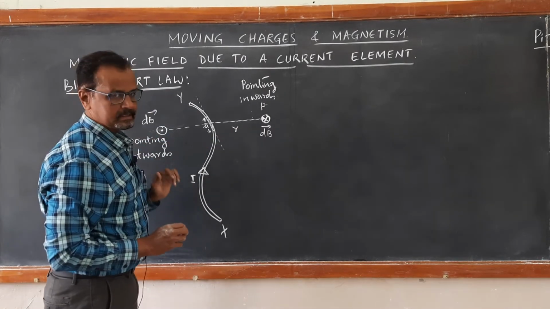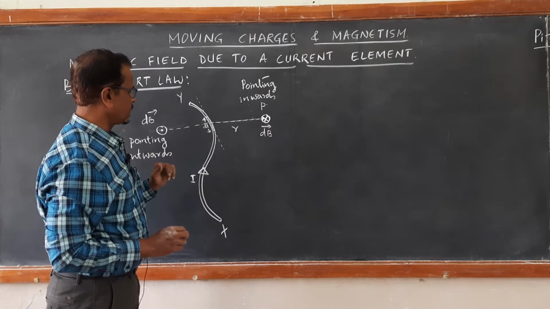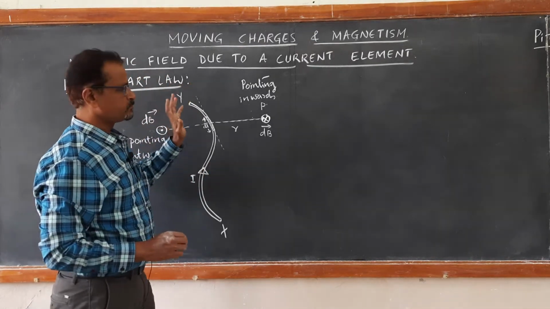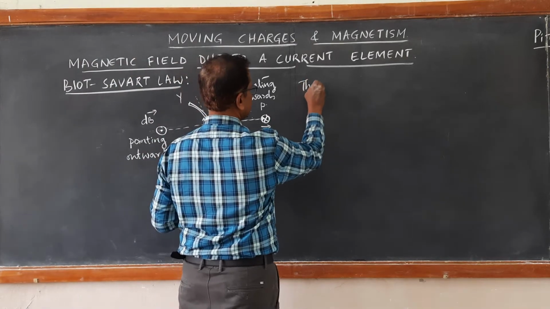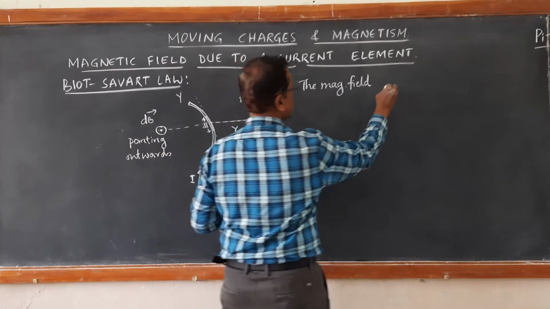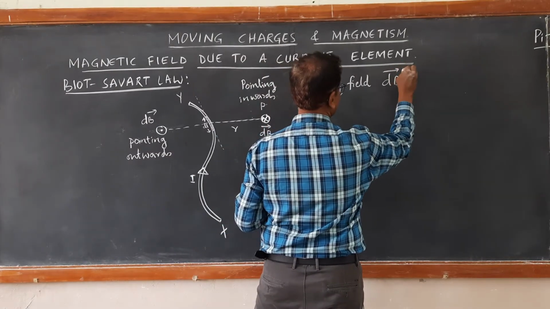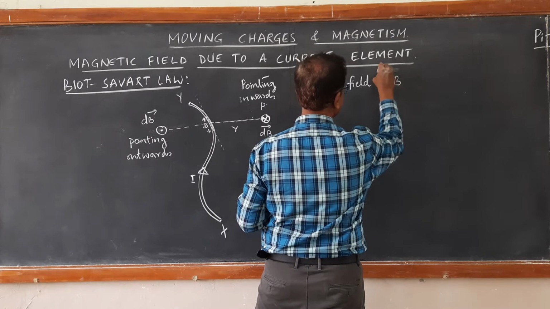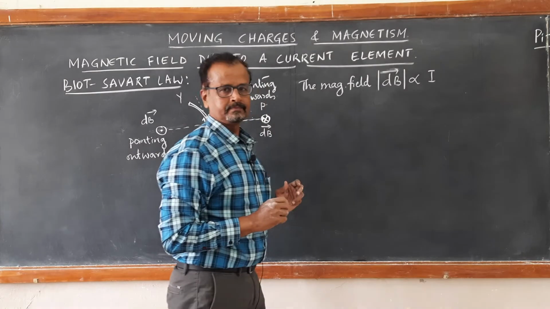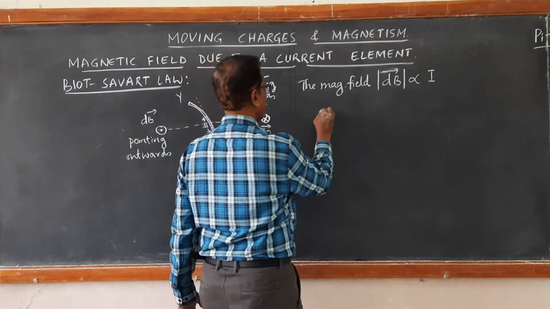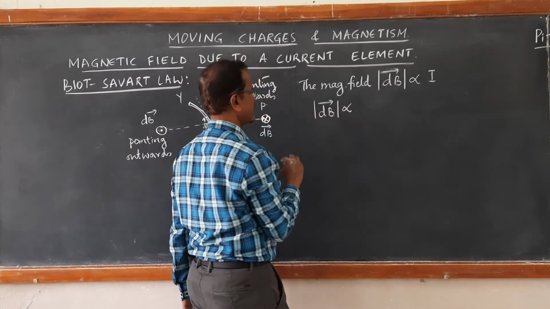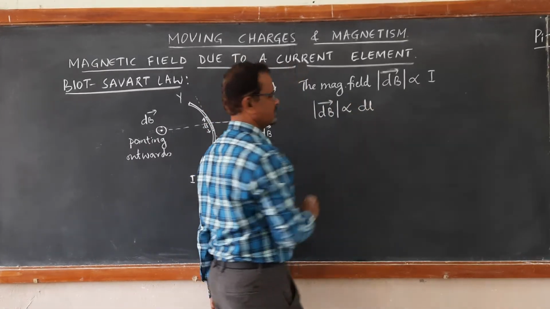Now how do we calculate this dB, the magnetic field due to a current carrying conductor? It was found experimentally by the scientists Biot and Savart that the magnitude of magnetic field dB is directly proportional to the strength of the current, and also directly proportional to the length dl.